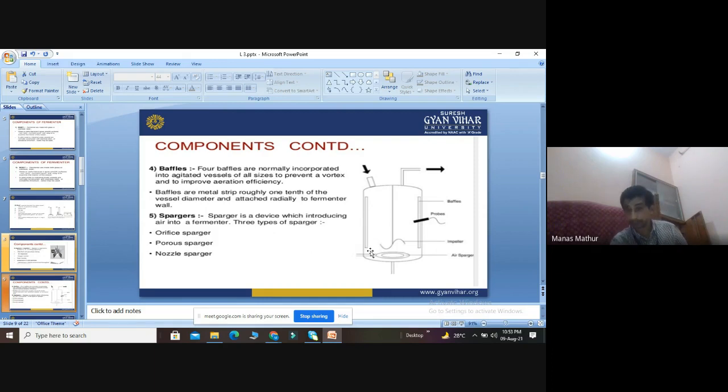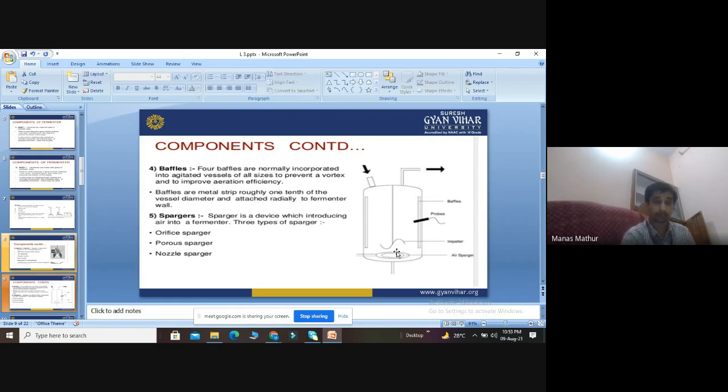We can see here clearly the air sparger.